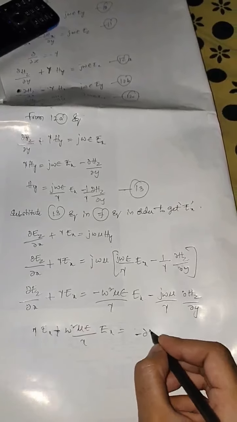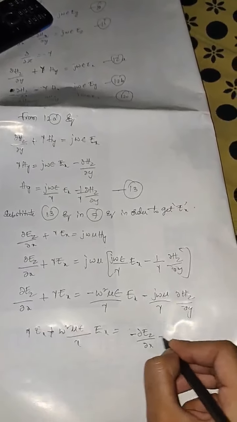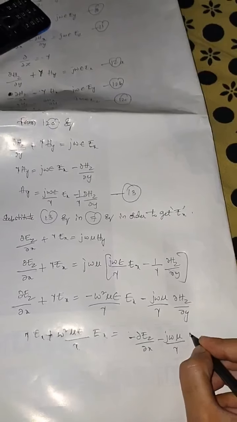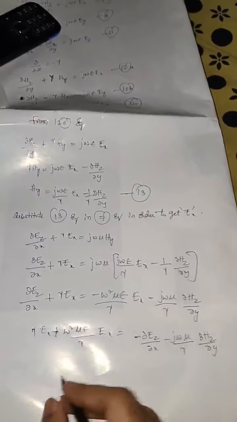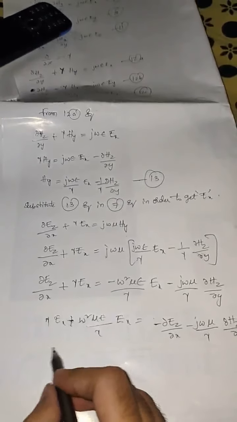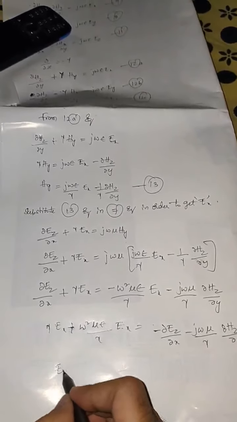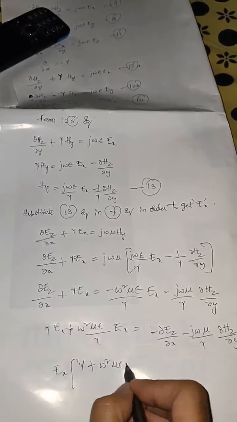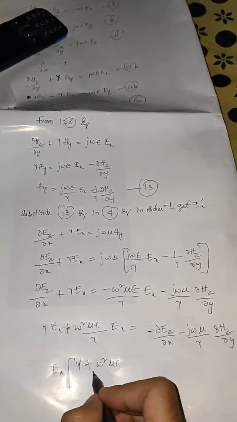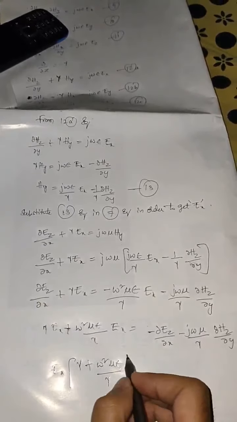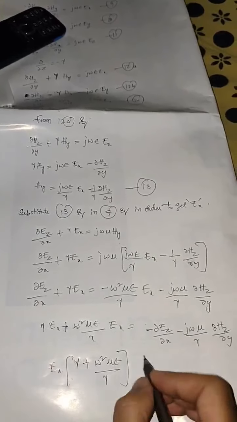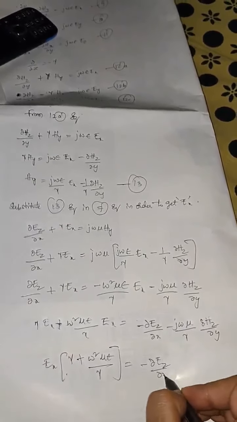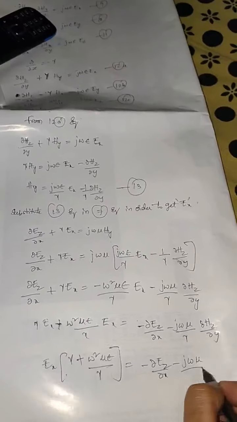So minus dou ez by dou x minus j omega mu by gamma dou hz by dou y. If you take ex common, I want the ex value, so gamma plus omega square mu epsilon. If you take gamma as the LCM, that is the next step. Okay, so this is the value.